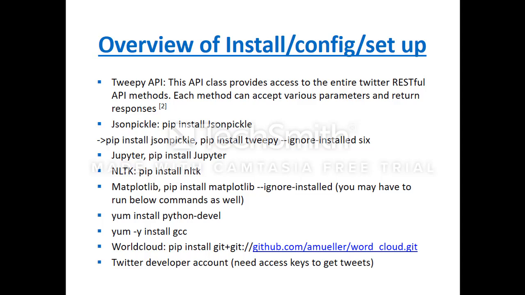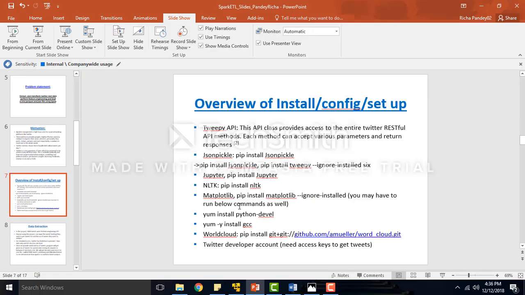You will also need a Twitter developer account in order to provide your keys and tokens. The other tools you need are pretty simple: you just have to do pip install and it will be installed on your system.